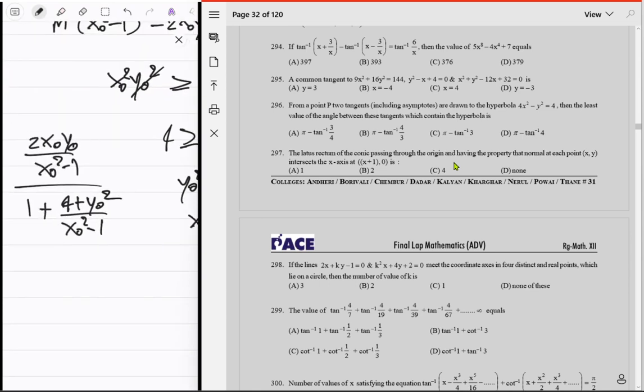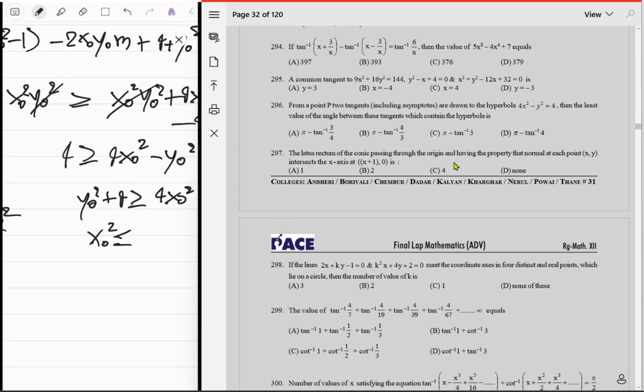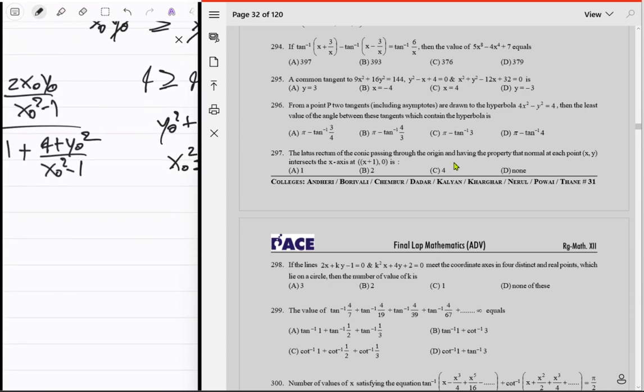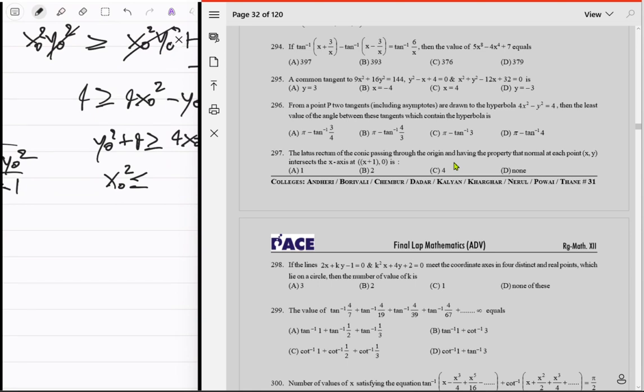Okay, interesting. How is this going to help? It won't. We can use, let's just say 2x naught equal to x, so x square is less than or equal to 4 plus y square, something like that, right? You could do that, sure.